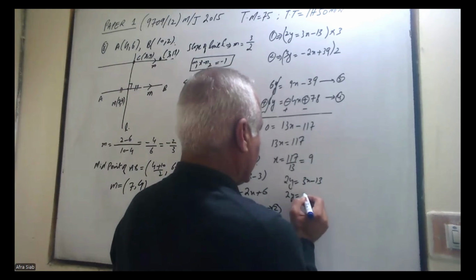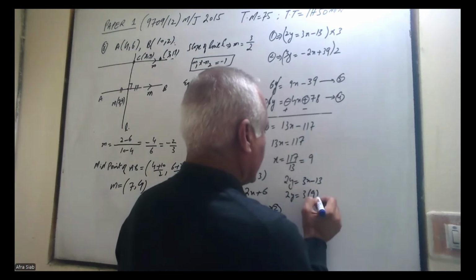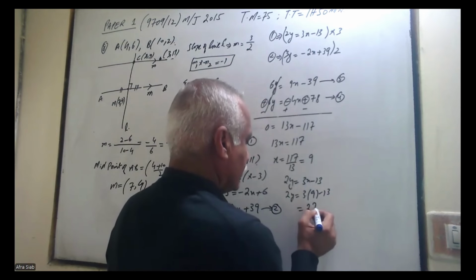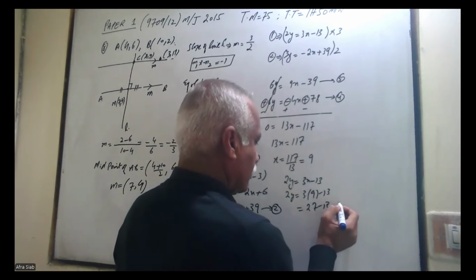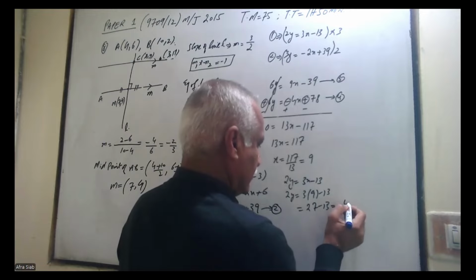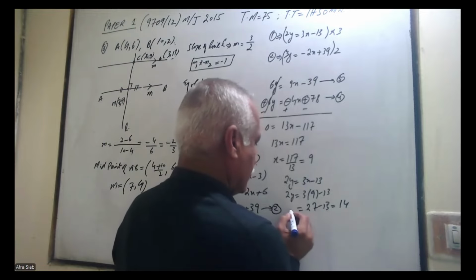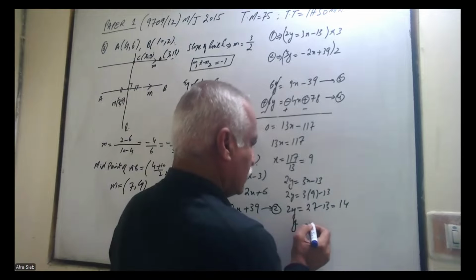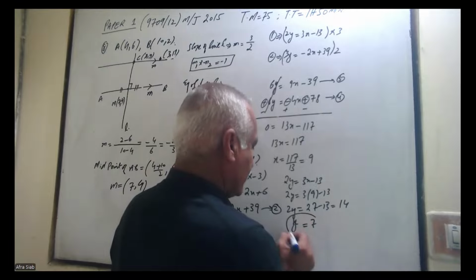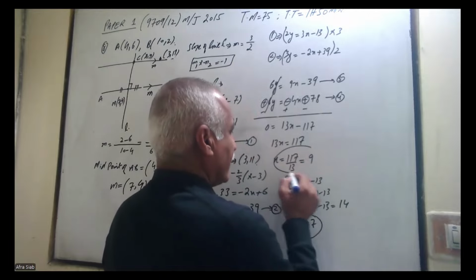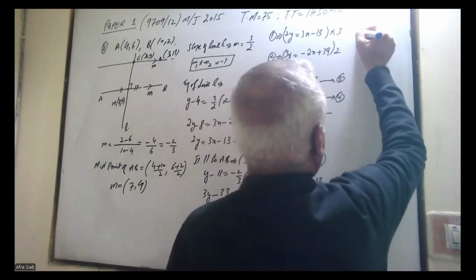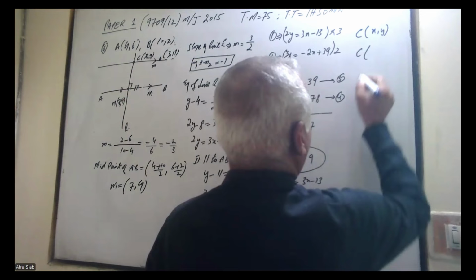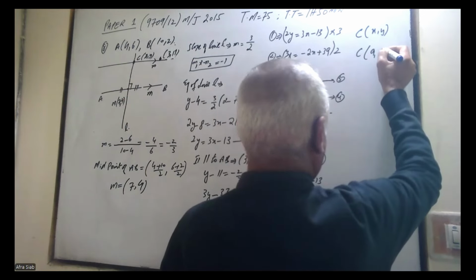So 2y equals 3 times 9 minus 13, which is 27 minus 13, so 2y equals 14 and y equals 7. So you have the coordinates of C: x equals 9 and y equals 7.